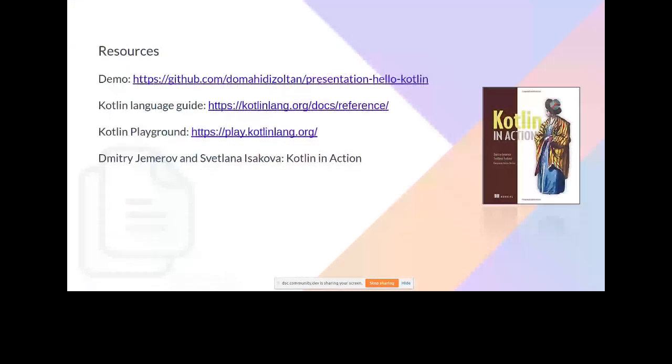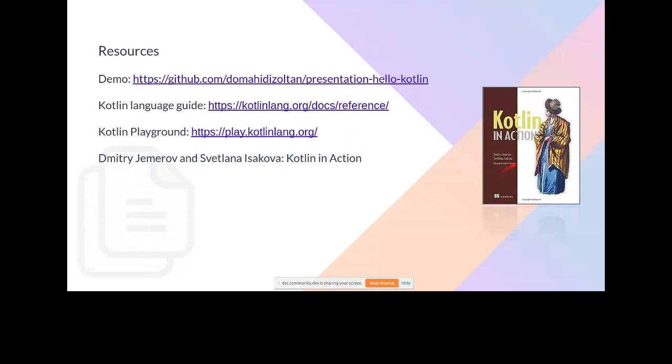And later you can find the demo and the presentation on this link on my GitHub account. And if you would like to know more about Kotlin, I recommend you read the official documentation. It is very easy to understand, and it has a lot of interactive snippets on the web page, so you don't have to install anything just to try out Kotlin code. Or if you would rather read a book, I recommend Kotlin in Action.